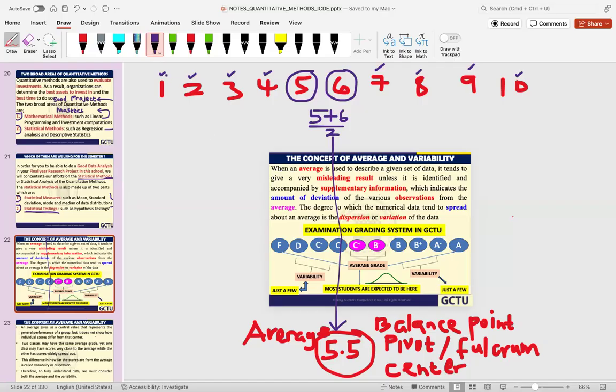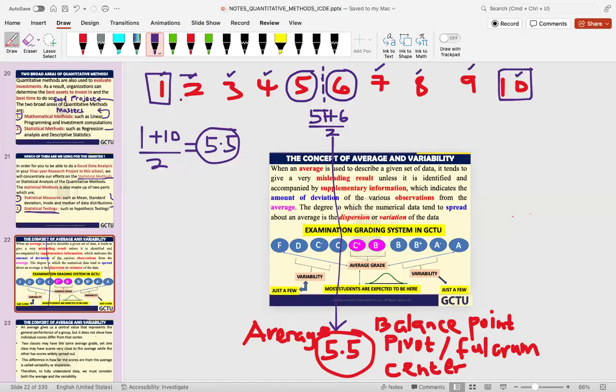Now watch this. When you pick 1, now that you have the middle line being 5.5, the opposite of 1 is 10. When you pick 1 and you add it to 10, and you divide it by 2, the result you have is 5.5.